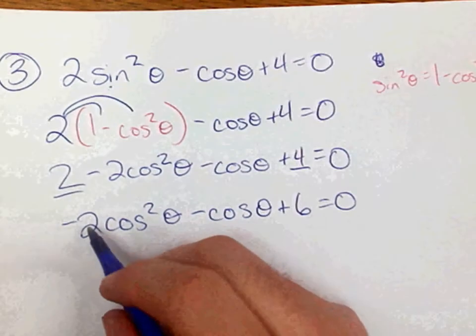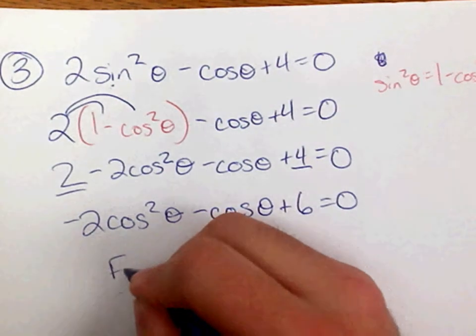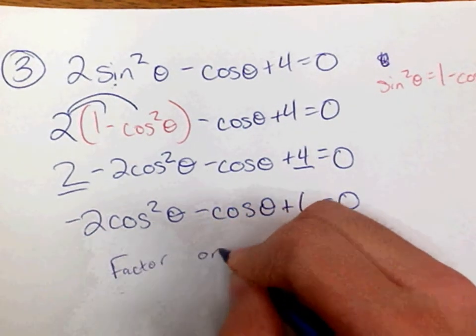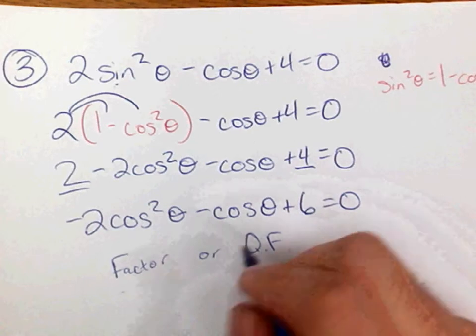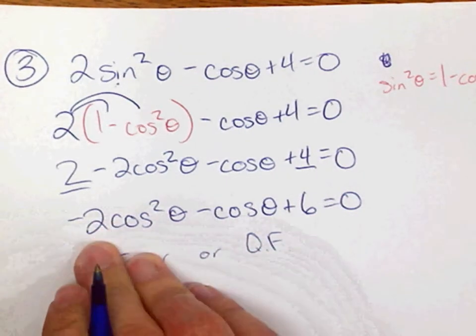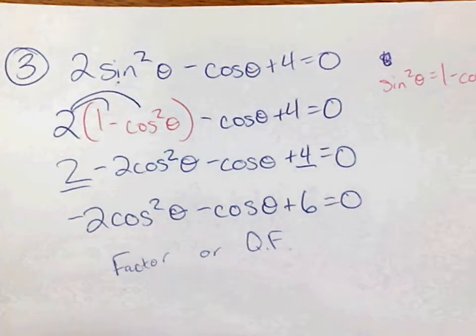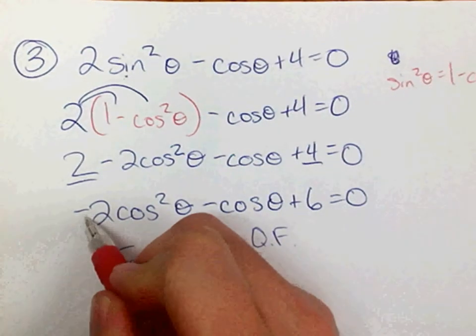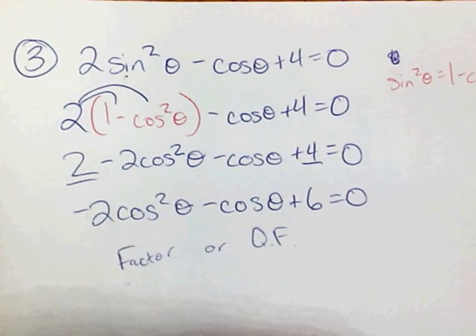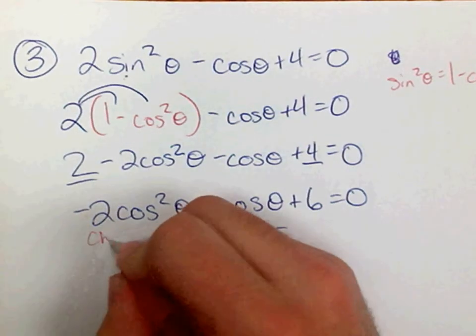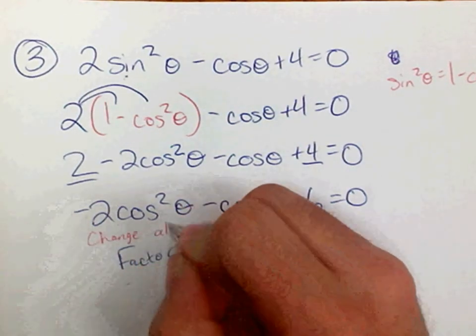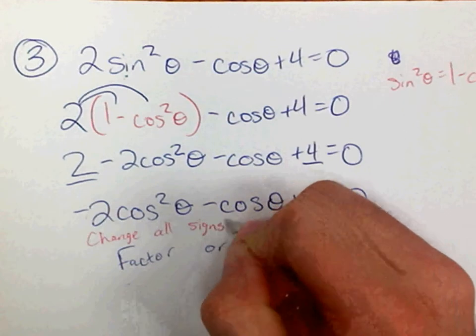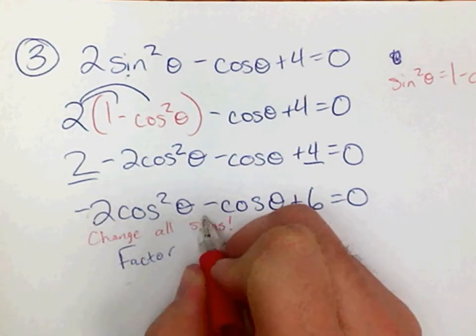From here, I would need to factor or use the quadratic formula, as I've been saying. I don't like for my leading term to be negative. So I don't know if I've talked about this in any of the other videos yet, but if I want this to be positive, I'm allowed to do that as long as I change all the signs. And when I say all of the signs, I mean first, second, third, and the one on the other side.